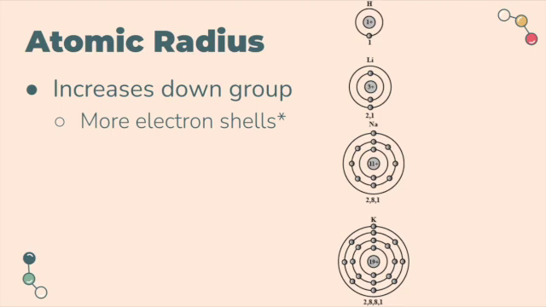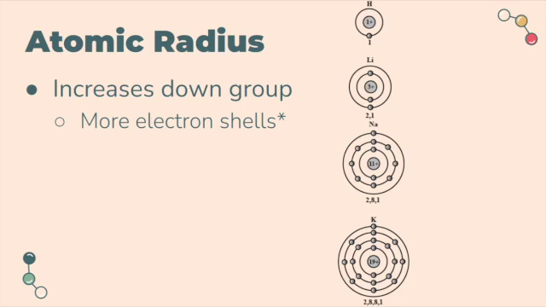As we go down a group, atomic radius increases, and this is because we have more electron shells. I'm okay if you use the word shell. Although the Bohr model isn't correct, I'm just using them as a visual. Each of the different circles around the nucleus would be an electron shell.